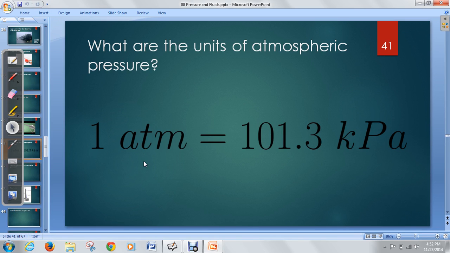But the actual value is 101.3 kilopascals, and a pascal is a newton per meter squared. That ends up being about 15 psi, or 15 pounds per square inch. So every square inch around us has 15 pounds of pressure on it, which is pretty amazing.